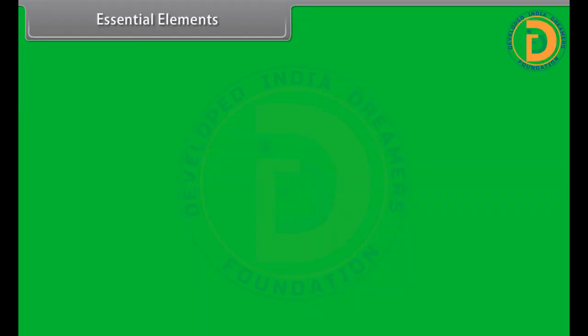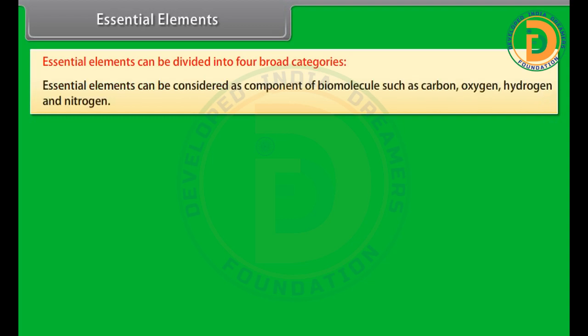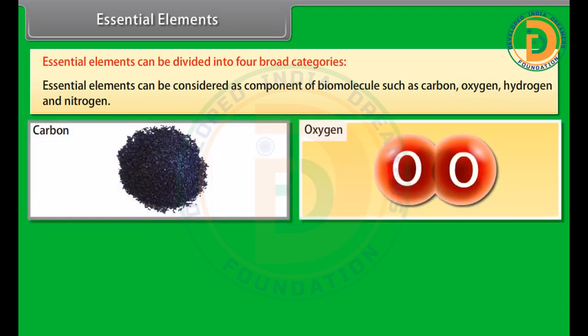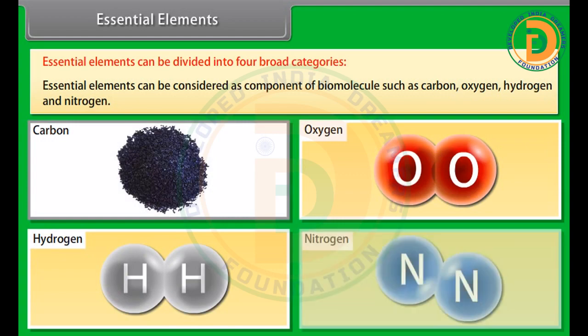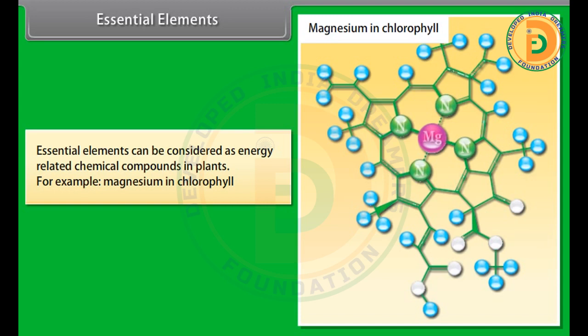Essential elements can be divided into four broad categories. Essential elements can be considered as components of biomolecules such as carbon, oxygen, hydrogen, and nitrogen. Essential elements can be considered as energy-related chemical compounds in plants, for example, magnesium in chlorophyll.